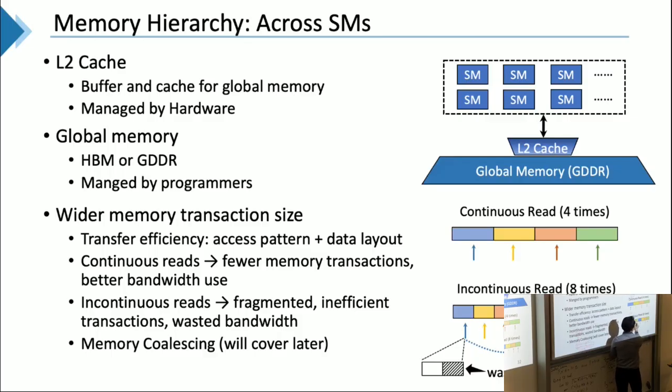So you get some data you don't want and throw it away, and then you access the next continuous address space, and you keep the part you want and throw the other part away. That means it will waste some memory bandwidth and make your memory access less efficient.